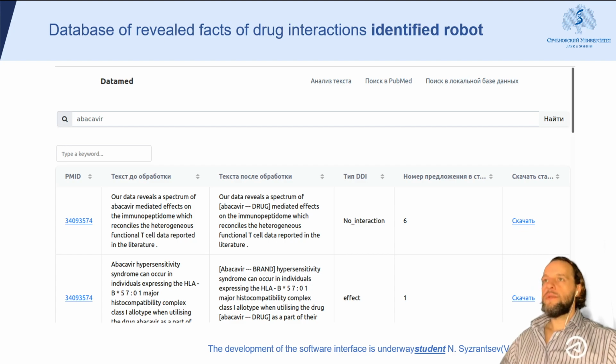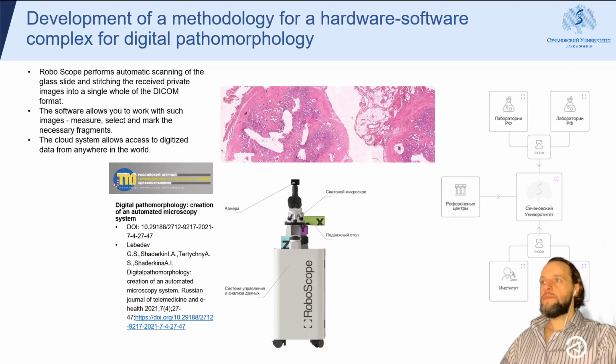As a result, we'll have lists of texts which could be related to drug interactions.